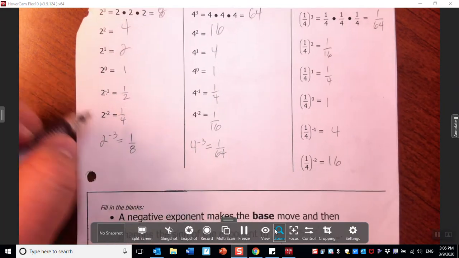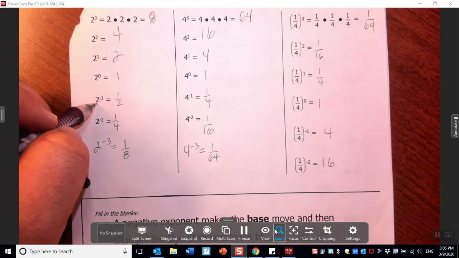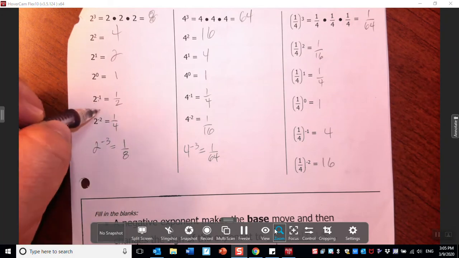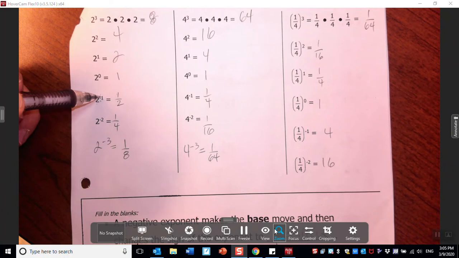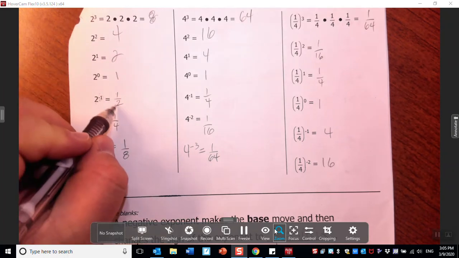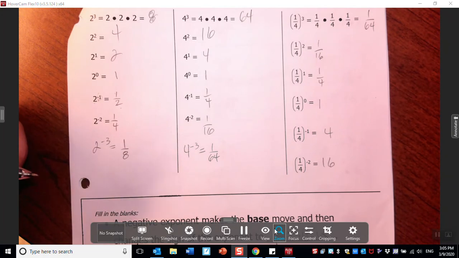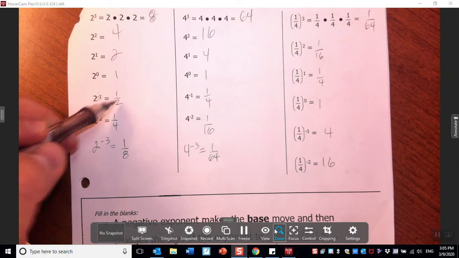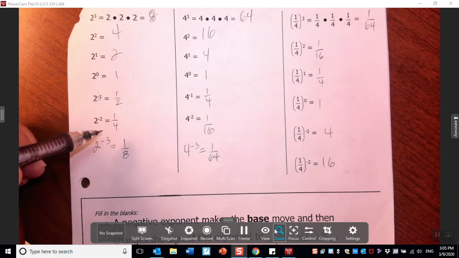And here's how they work. 2 to the 1 gives you 2, and you bring the 2 down to the denominator if it is a negative exponent, and you put a 1 on the top. So basically you're making the reciprocal.